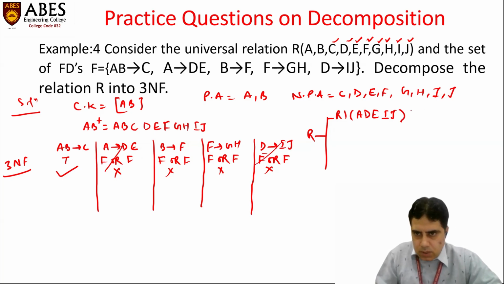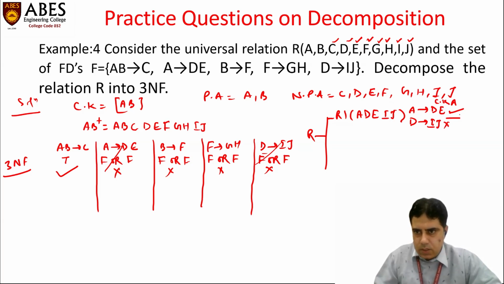Now, the functional dependencies are A determines DE and D determines IJ. Here the candidate key is A. So this is in 3NF, but here D is not a candidate key and IJ are non-prime, false. So this is not in 3NF.